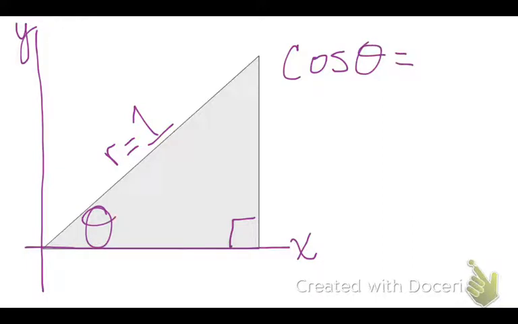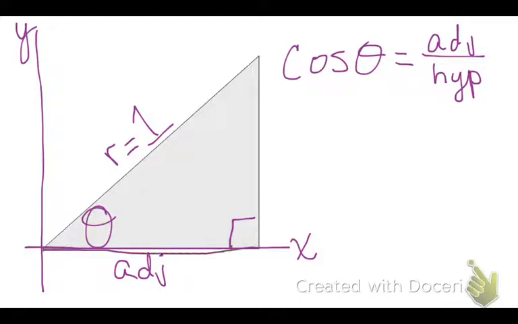And just as a reminder, cosine theta is the adjacent side over hypotenuse. Using this triangle as an illustration, the adjacent side would represent the x value of this triangle.